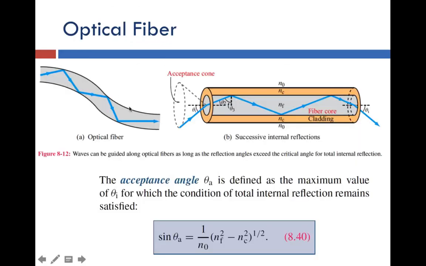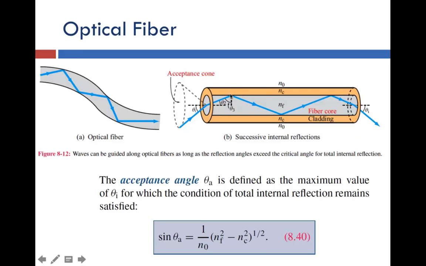So here's my optical fiber, and here's a fiber that has cladding shown, and then the external material, which is typically air, has an index of refraction of n sub 0, which typically would be 1. So let's look first inside the fiber. In order for the optical wave to propagate down the fiber core, it's got to have successive reflections here at the core-clad boundary.